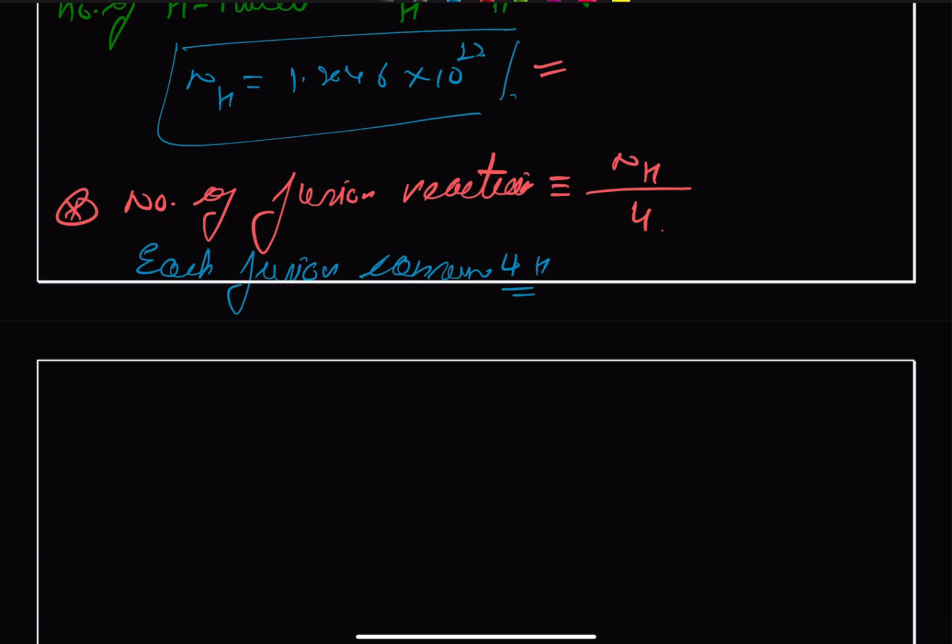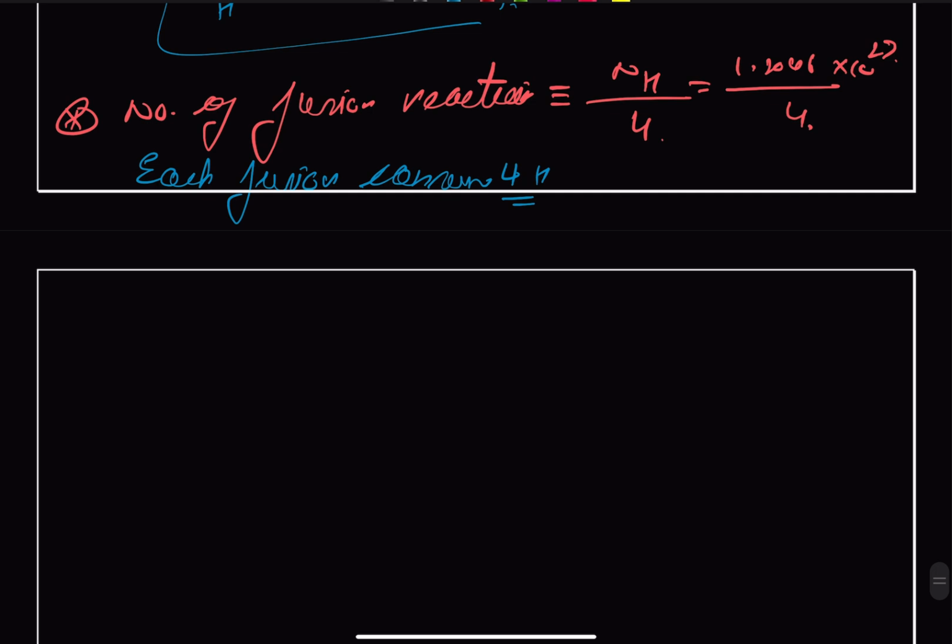Therefore, it comes as 1.2046 into 10 to the power 27 divided by 4, which can be written as 3.0115 into 10 to the power 26.